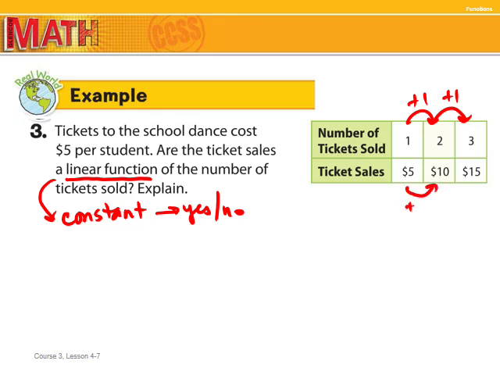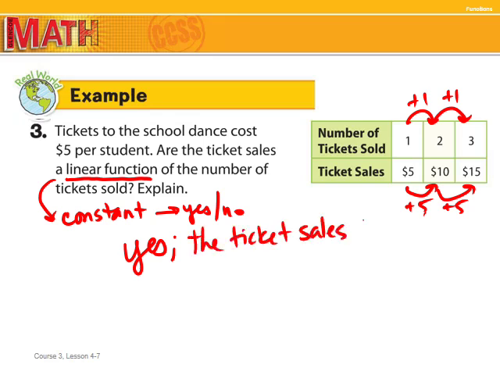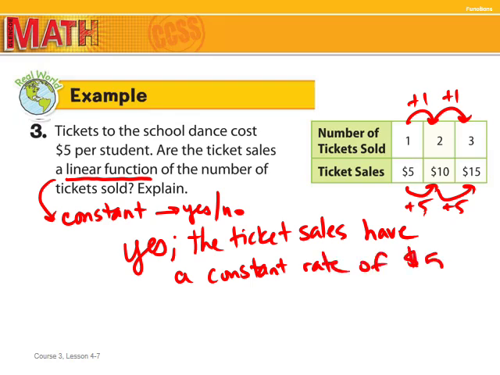Ticket sales is going up by $5. So this is a constant rate. So we can say yes, it's linear. Our explanation: the ticket sales have a constant rate of $5.